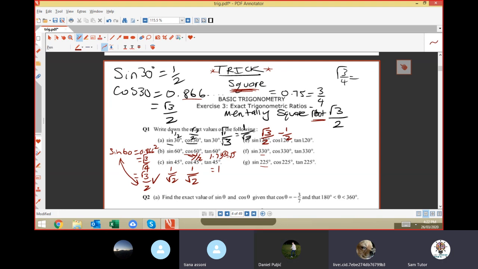So tan 120, last one. Tan 120 is negative 1.73. Go tell me what your answer is. You square it and then it's 3 and then it's root 3. It is, but can you see there's a little problem? When you square this, obviously, it's going to give you a positive number.